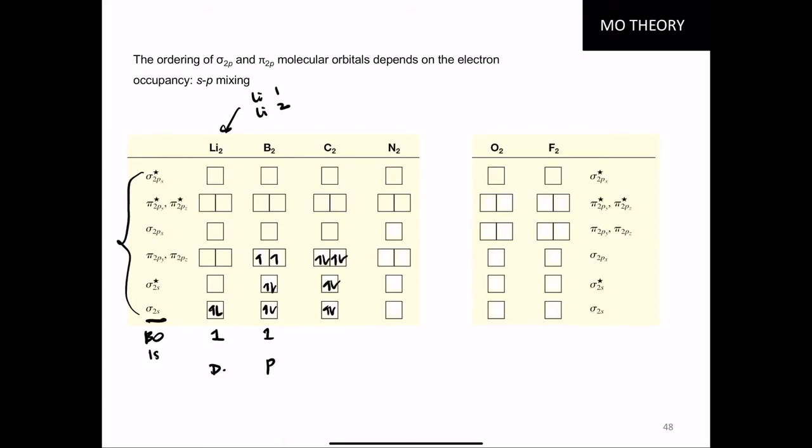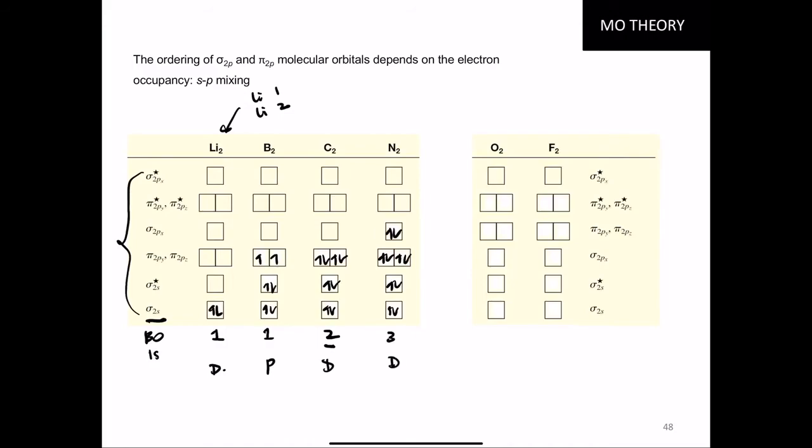Interesting. So 4 minus 0 divided by 2 is 2. Bond order of 2. Expect it to be diamagnetic. So it predicts it would have double bond character if you had C2. N2, we have 5 times 2 is 10. 2, 4, 6, 8, 10. 6 minus 0 divided by 2 is 3. Triple bond, as expected, and diamagnetic.